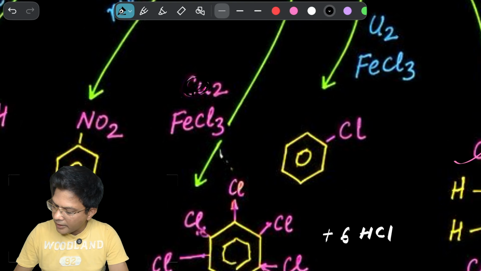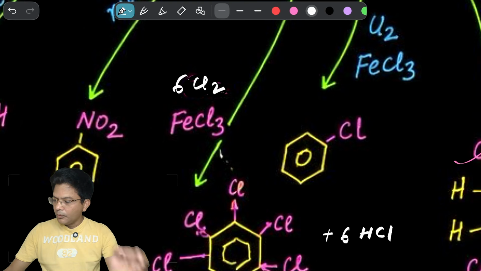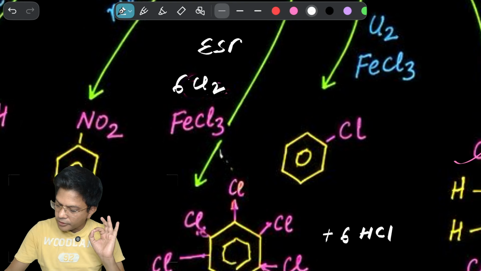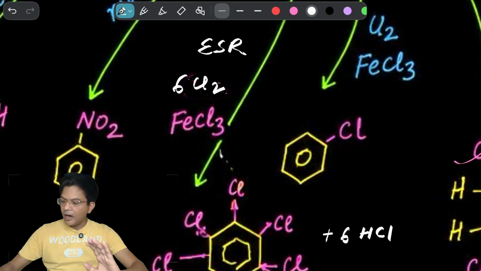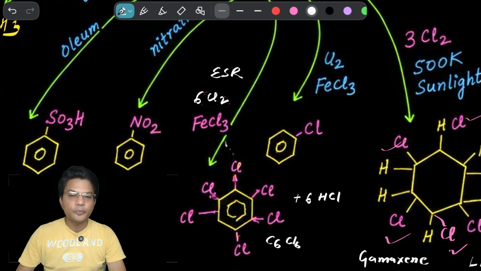Tell me, what should I write here, kids? Everyone just let me know. 6Cl2, and it is a substitution reaction. Which substitution? Electrophilic substitution reaction, in which H is eliminated and Cl takes its place.